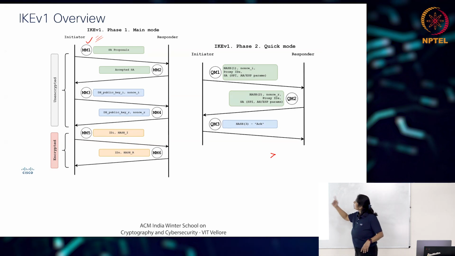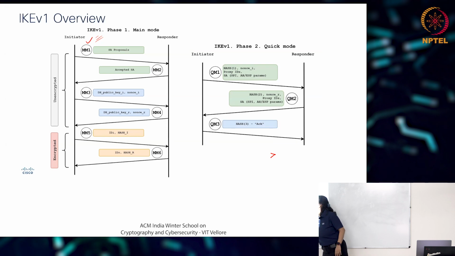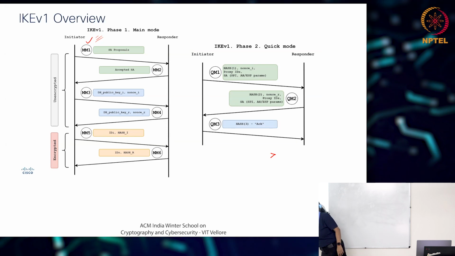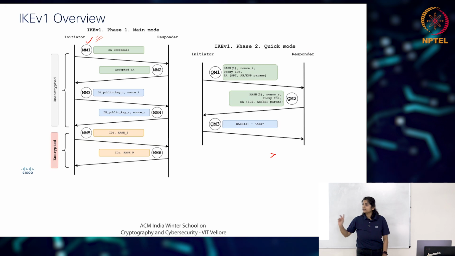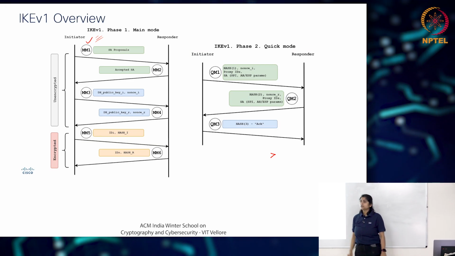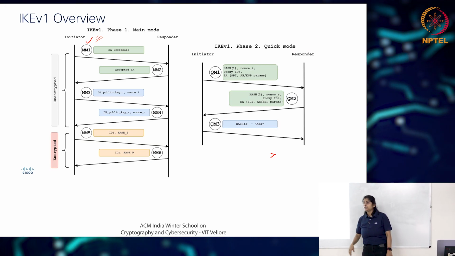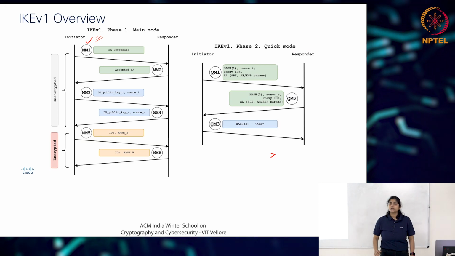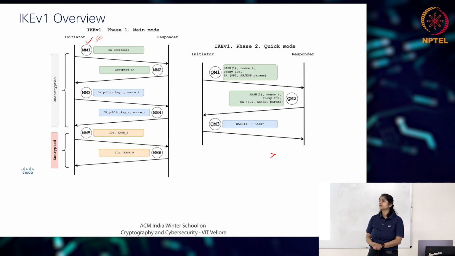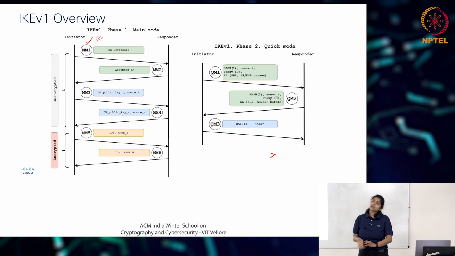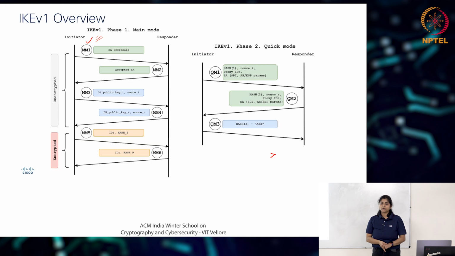So the VPN can break at any point. If this fails, it will break. If this fails, it will break. And then again you have to start from main mode. You cannot resume from the other side unless it's a retransmission. Just like any protocol, retransmission happens a few times. After that, we start again from main mode message 1.